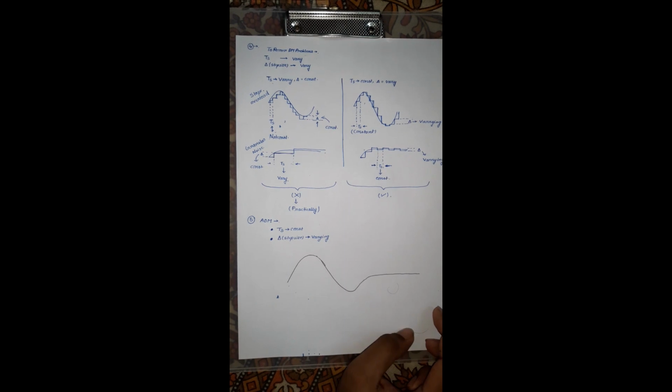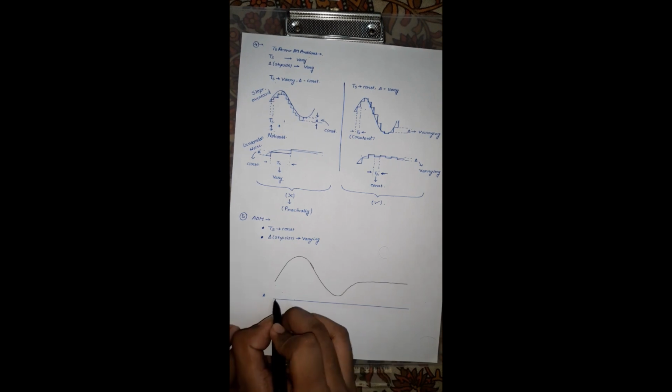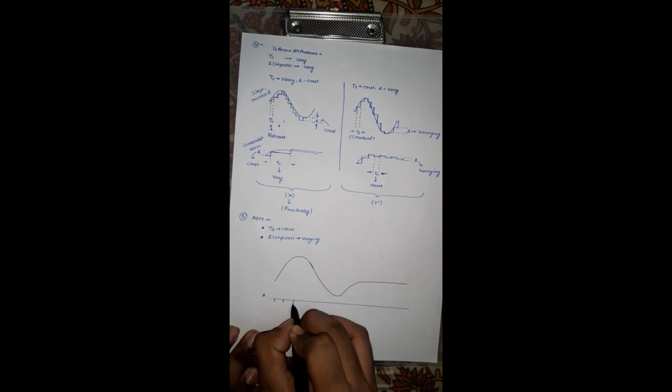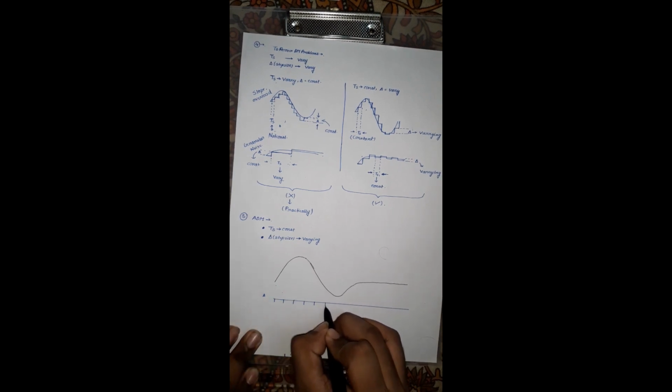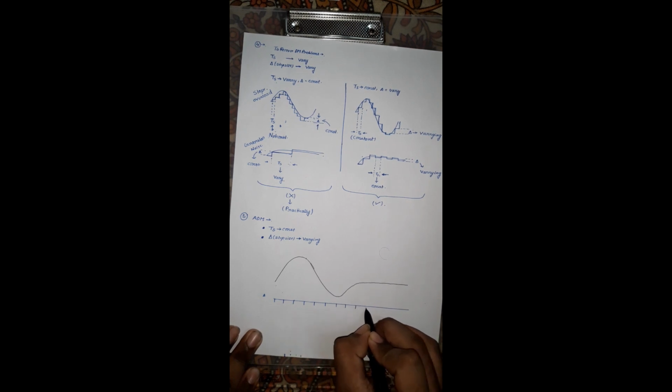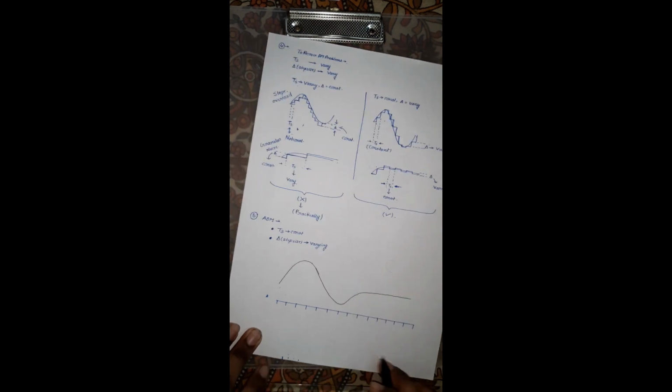But let us see how adaptive delta modulation handles these types of input signals. See, the TS or the time interval is fixed. These are the time intervals that are fixed. This is TS.